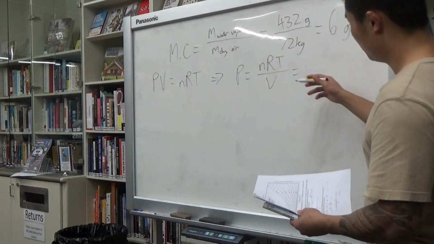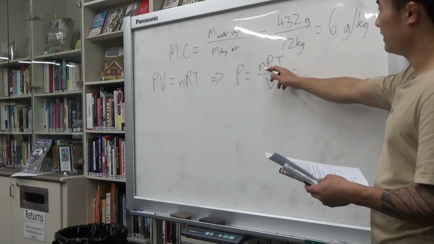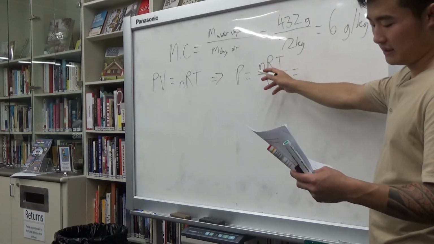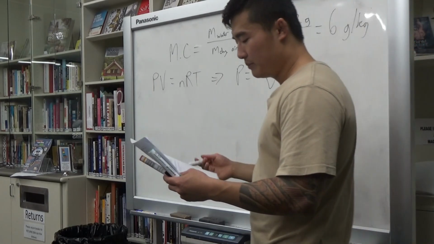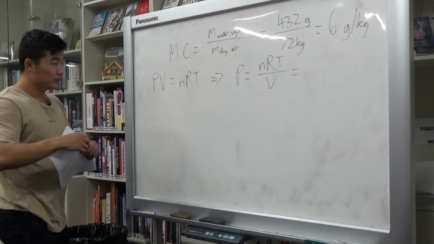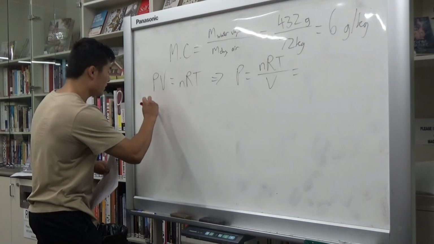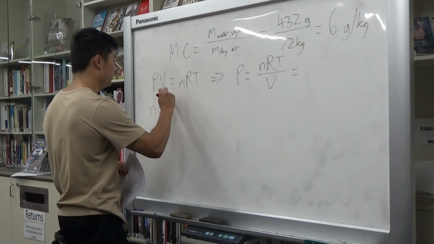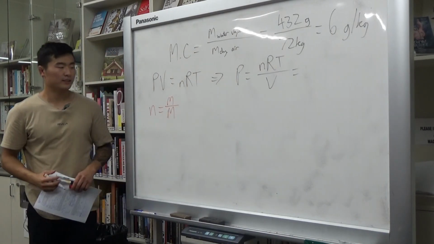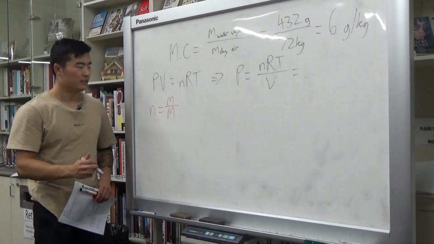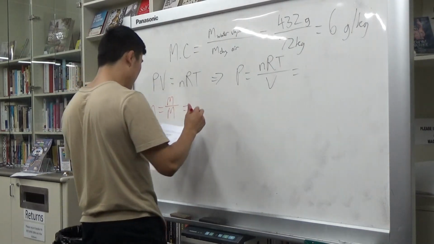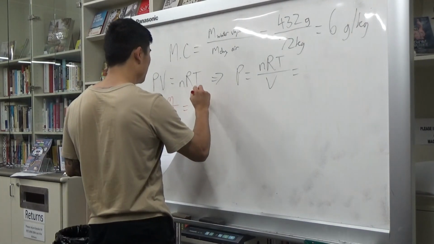In order to solve this, we need to find out the number of moles. We don't know what the number of moles is, but we can calculate it because we've been given the molar mass and the mass of water. So n is equal to mass over molar mass, m over M. Our mass is going to be 432 grams.